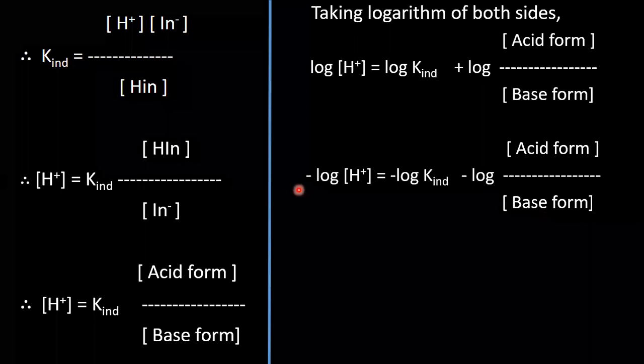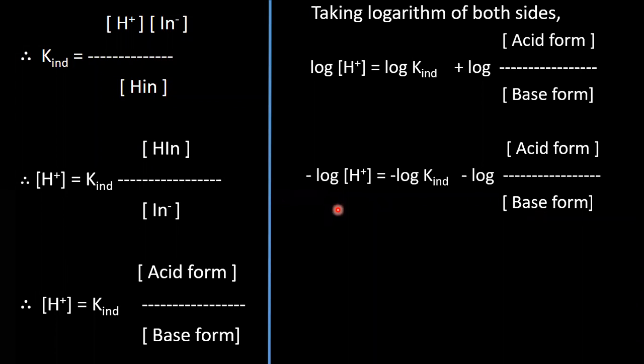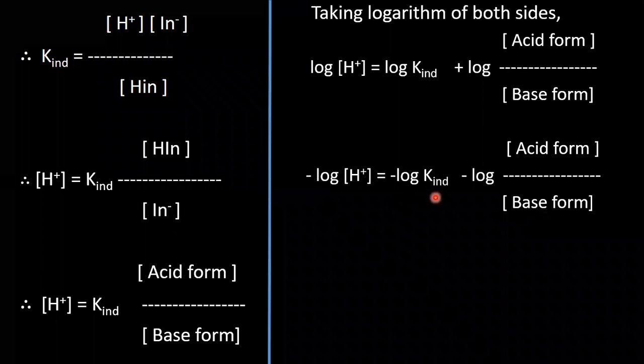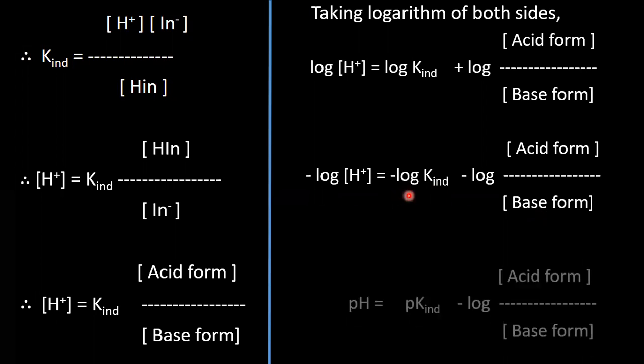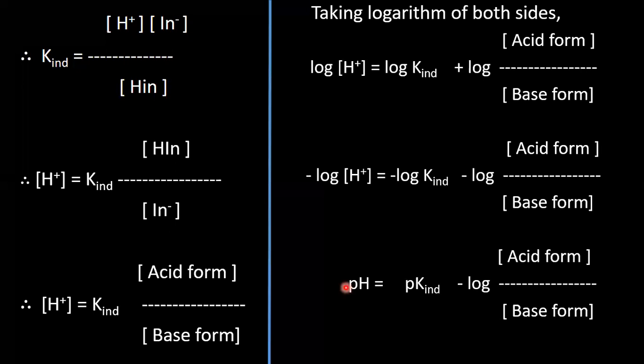Now we know that the negative log of the concentration of hydrogen ions is called the pH of the solution. What is pH? pH is equal to negative log of H plus ion concentration. The negative log of the apparent indicator constant or equilibrium constant is called the pK value. So the next equation we can write: therefore pH is equal to pK indicator minus log of acid form upon base form.